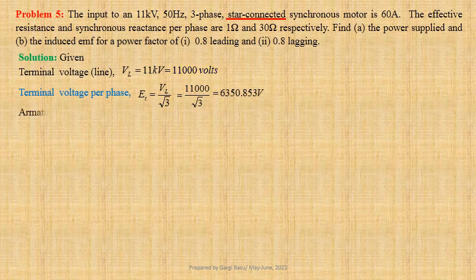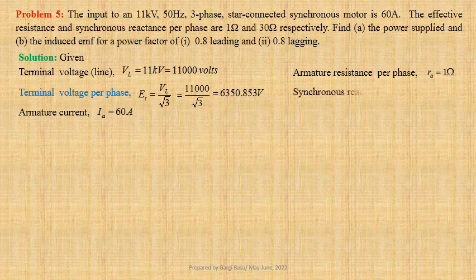Given armature current Ia equals 60 ampere, effective armature resistance per phase Ra equals 1 ohm, and synchronous reactance per phase Xs equals 30 ohm.